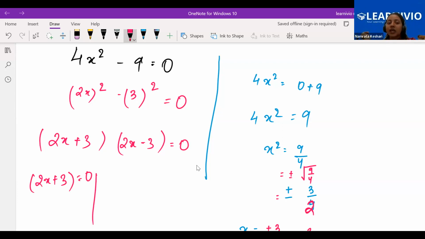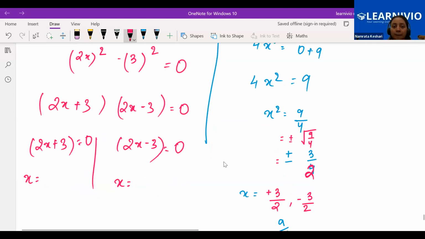Then only the result can be 0, right? Yes. So from here also we are getting the same. You can check it, Zoha. Please tell me what the two different x values are.